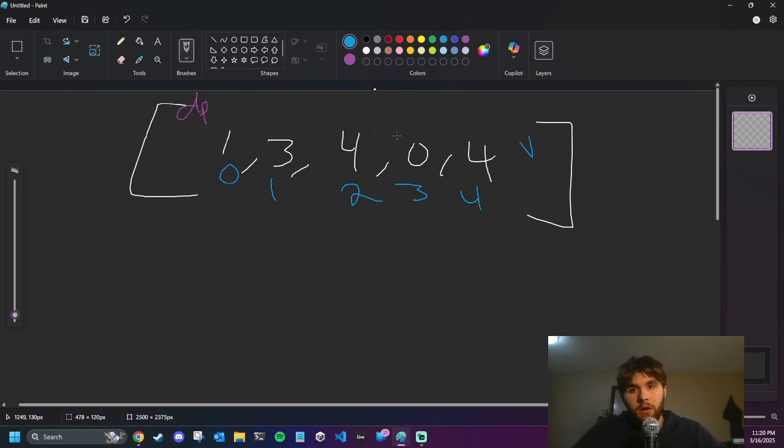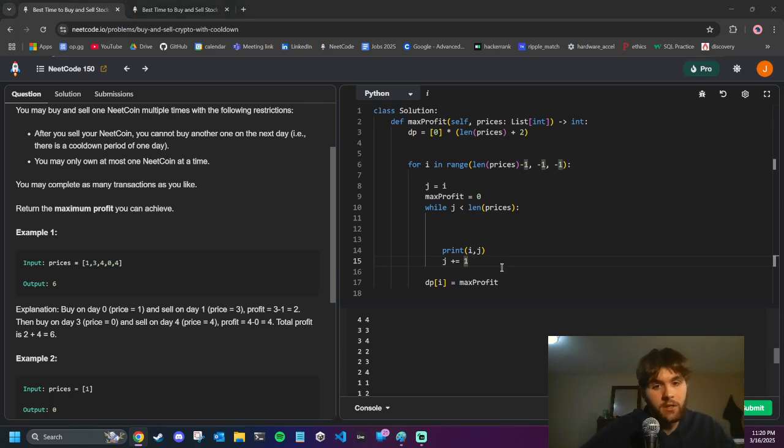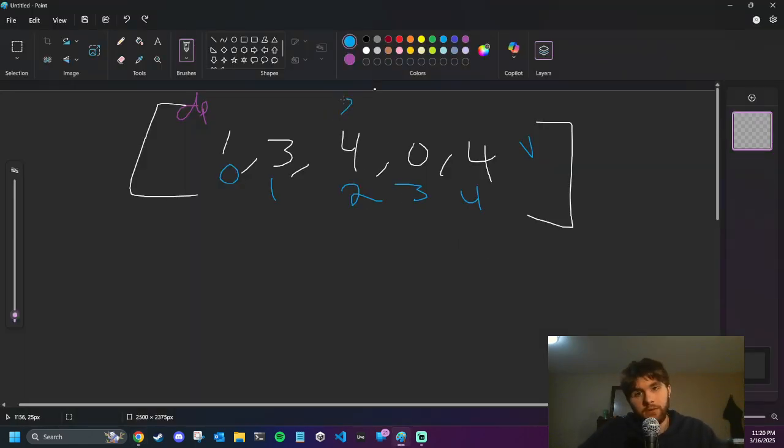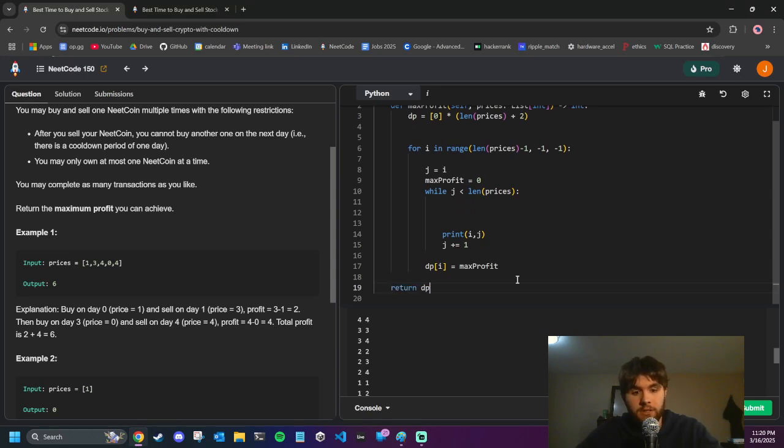I was basically comparing the profit at every point. So here, max profit would probably be reset to 0. And then when we're done with the while loop, we would set dp of i equal to max profit. Okay, so that's that. And then at the end, we're going to return dp of 0.